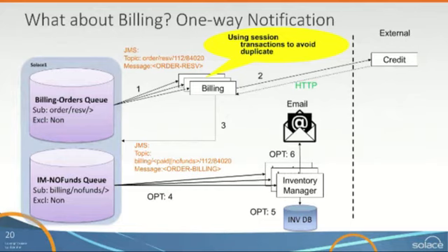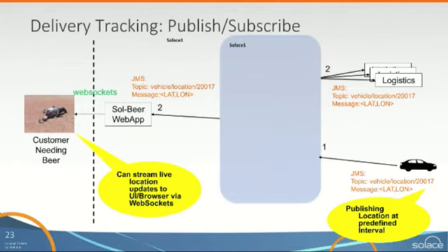So as this car is producing those lat-long coordinates that we could map in Google Maps, those can stream right into the client's browser by using, for instance, WebSockets, so that you ultimately get a true live stream of exactly where that vehicle is.